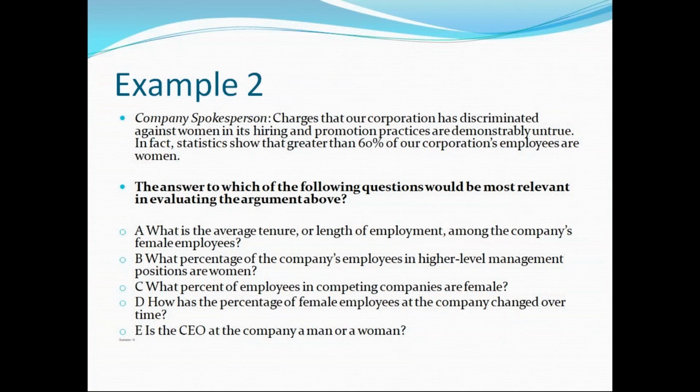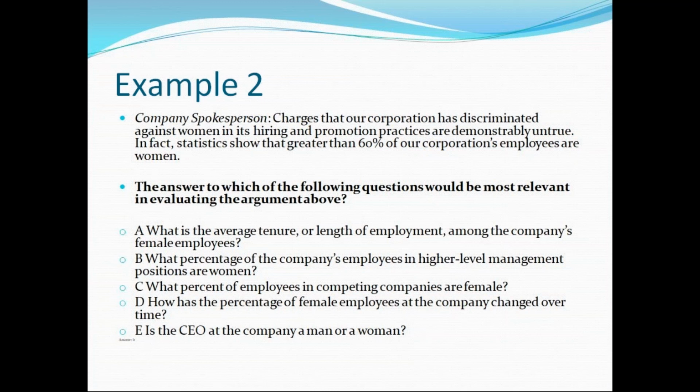So the conclusion in the stem is that we are not biased against women, we are not discriminating against women, and we prove it because 60% of our staff are women. And if I have some information about who in the company is a manager and who is not a manager, that will help me to evaluate their argument that they're not discriminating against women.